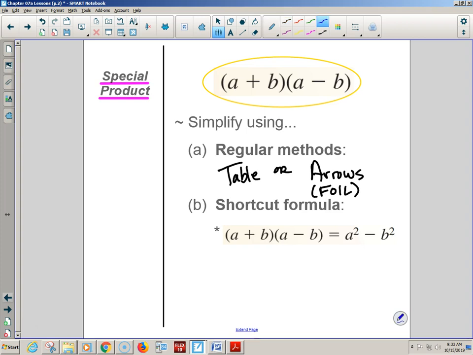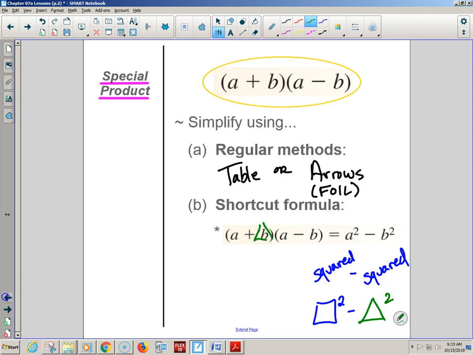Ready? The shortcut is squared minus squared. Or you could say square it minus square.